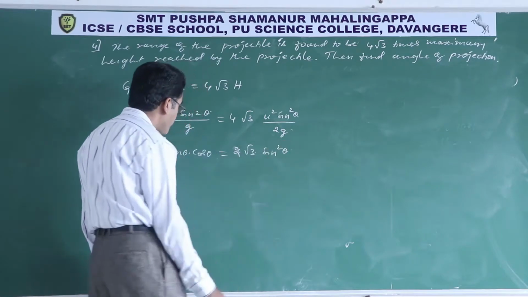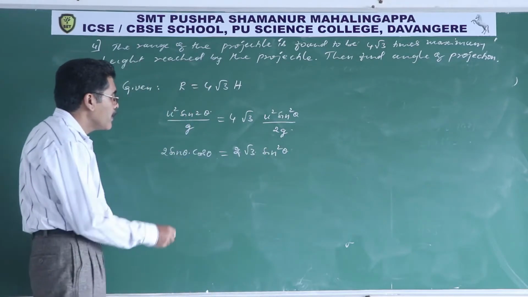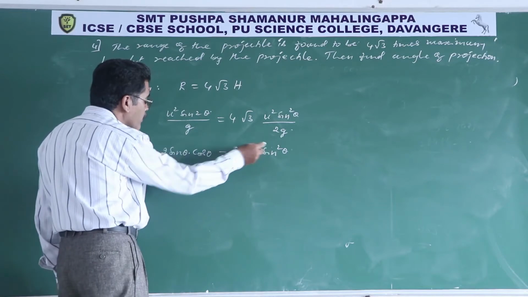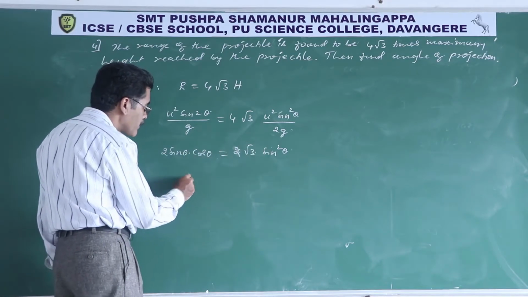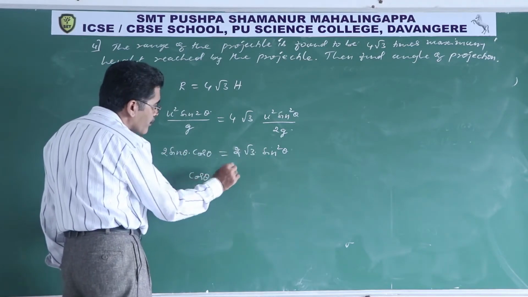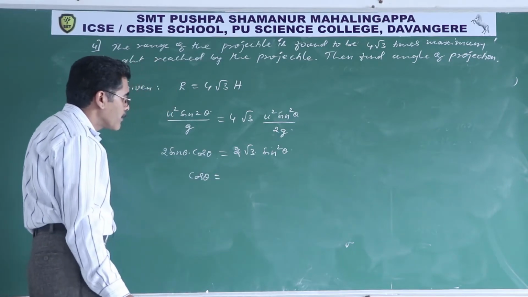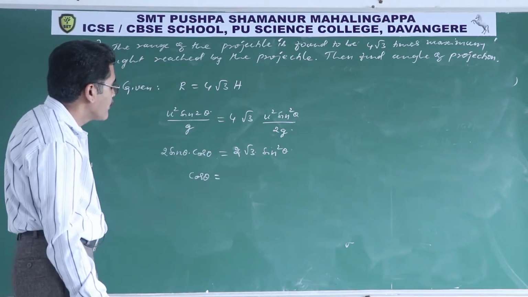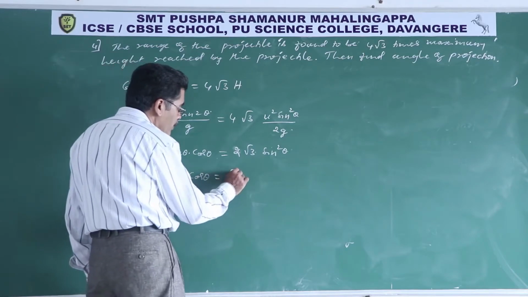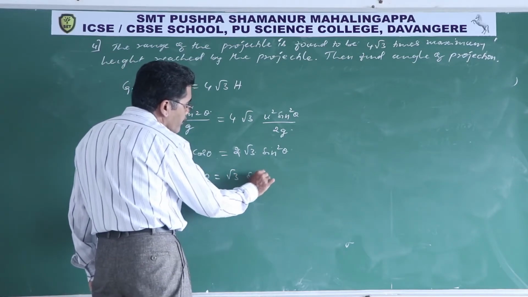Here 2 got cancelled, one sine theta got cancelled. What remains? Cos theta is equal to root 3 into sine theta.